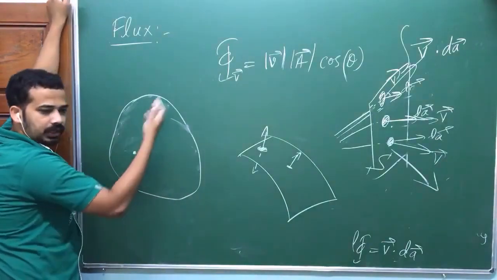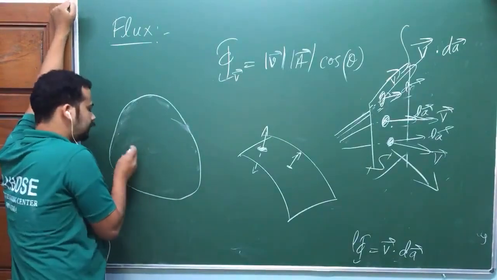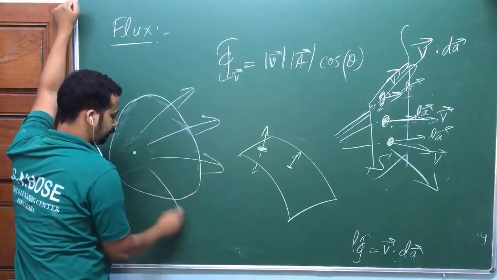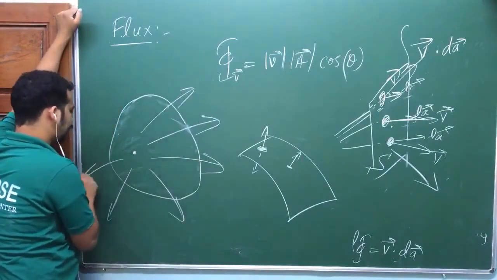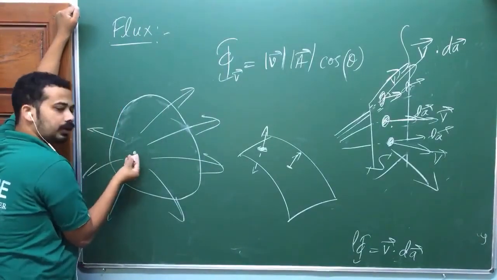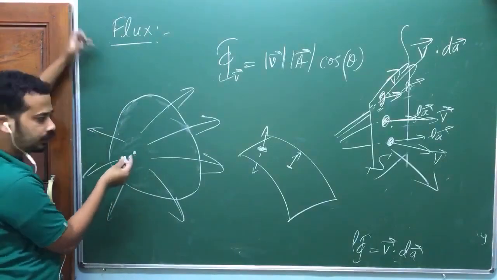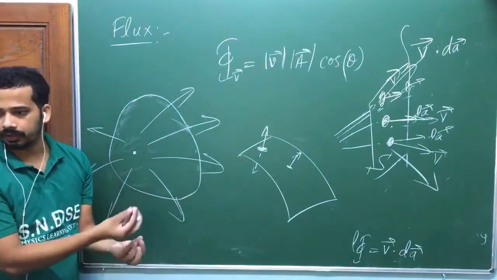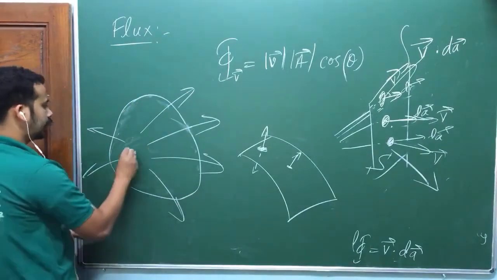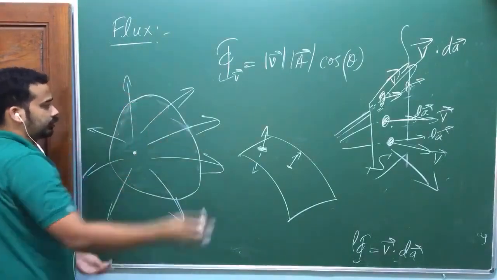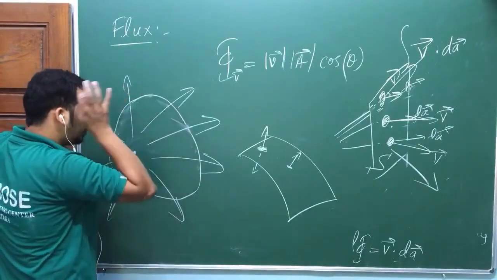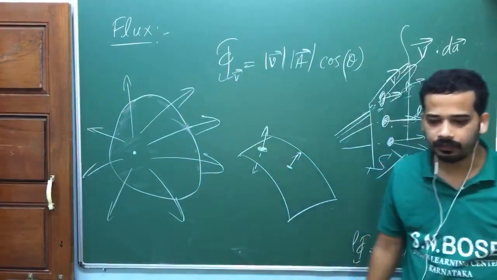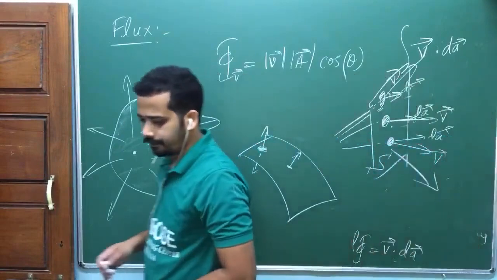From that charge your field lines are going like this. There is some source here. Let me take it like this. Vector field lines are going like this. That may be a source of some water which is flowing outward like this, in a pond. In a pond, you can take a source of water, or you can take a charge from which electric fields are going outside. And I have considered one imaginary closed surface area.